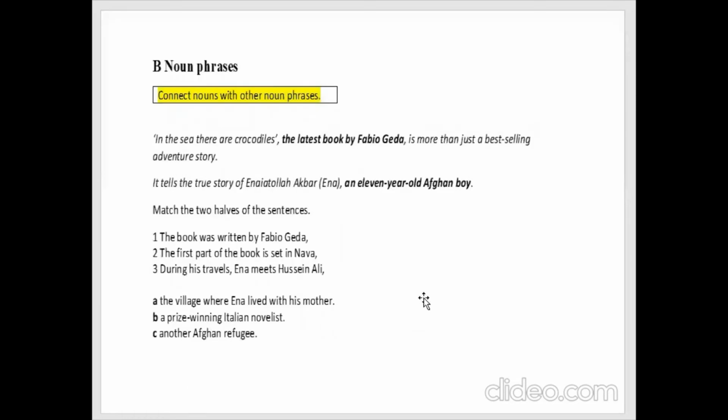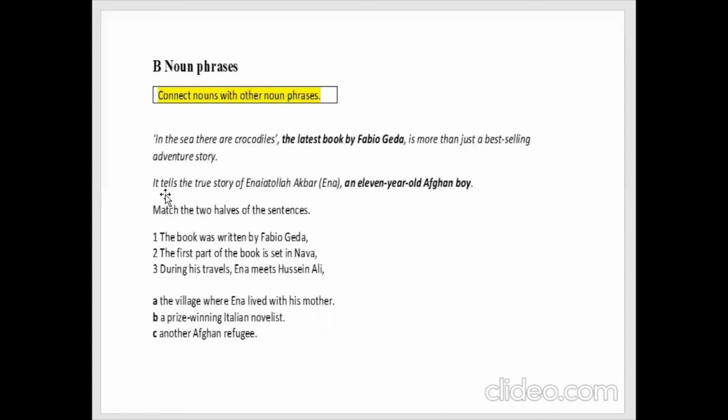Another thing is to use noun phrases. Noun phrases help to connect nouns with other noun phrases. Like in the examples, In the Sea There Are Crocodiles, the latest book by Fabio Jeddah, is more than just a best-selling adventure story.